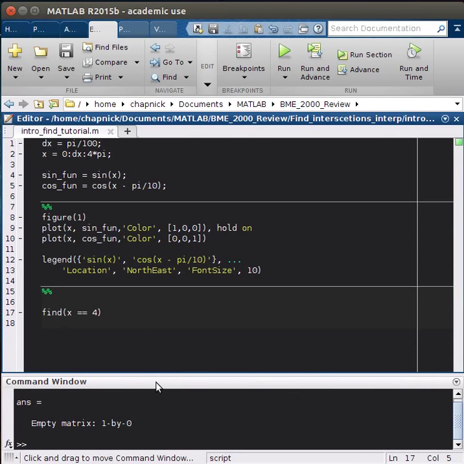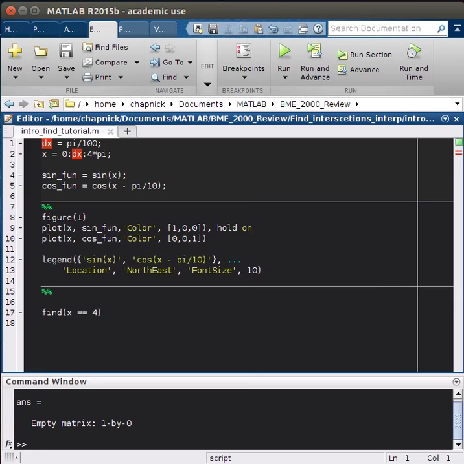What that means is it didn't find any subscripts where x was exactly equal to 4. The reason that came about was because we used this dx here. You'll just never get exactly x equal to 4. You might have x equal 4.08 or just anything.